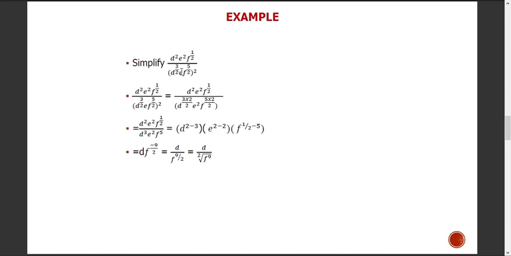So sorry, this d had to be down. And then e to power 2 minus 2 gives us a 0. But then remember rule number 4, any number raised to power 0 is 1. So that means e to power 0 can also be expressed as 1.